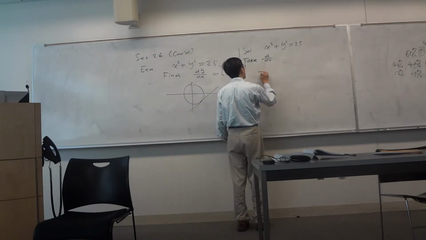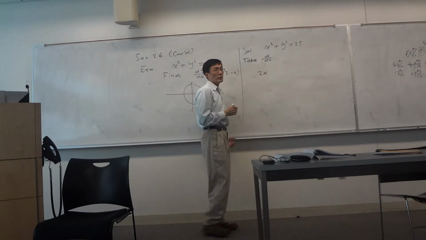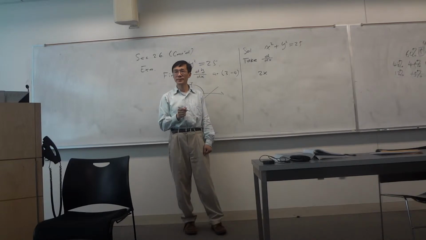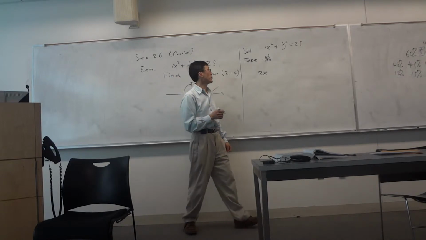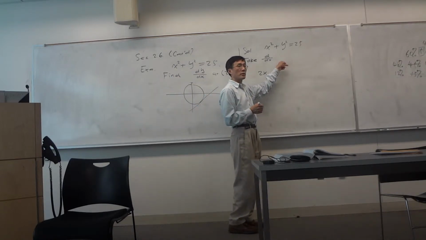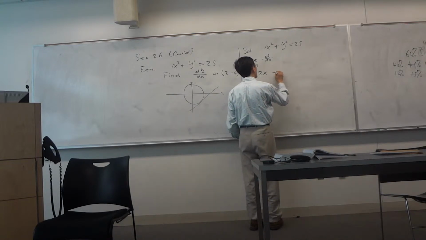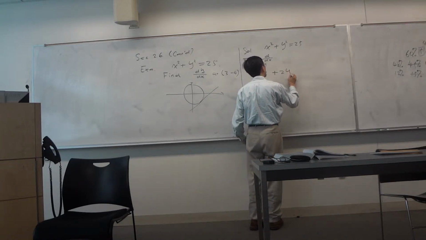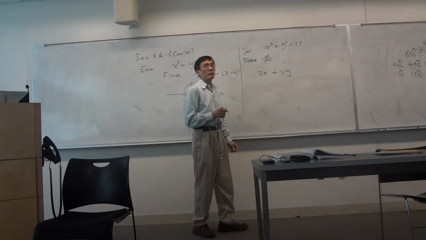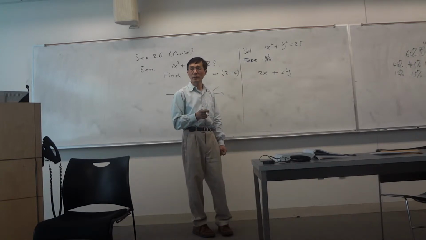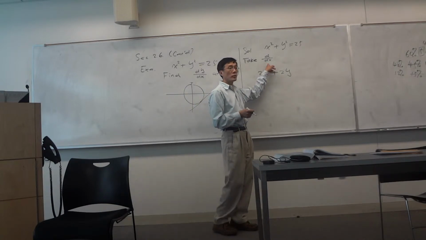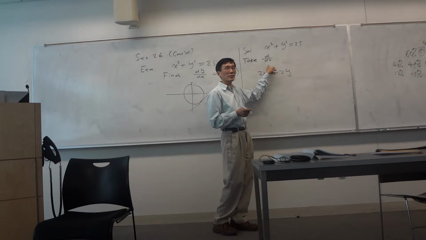Well, you're going to get a 2x. That is the derivative of x squared. And what are you going to get from here? 2y. Now, is it just the 2y? Times y prime. You have the times y prime. Why is that? Because we're taking the derivative with respect to x. You really should think about y as a function of x.